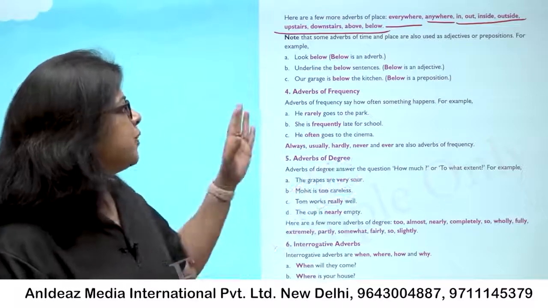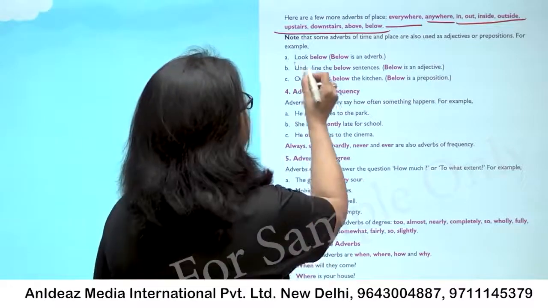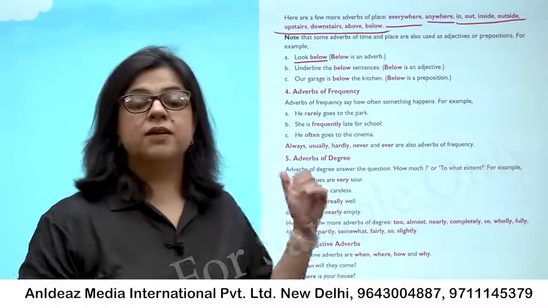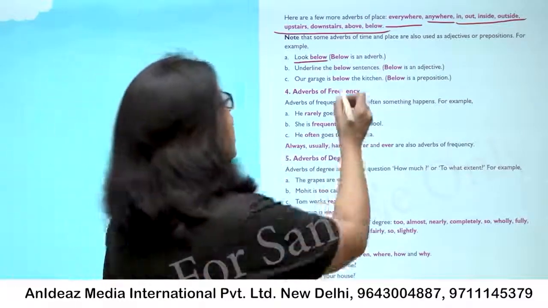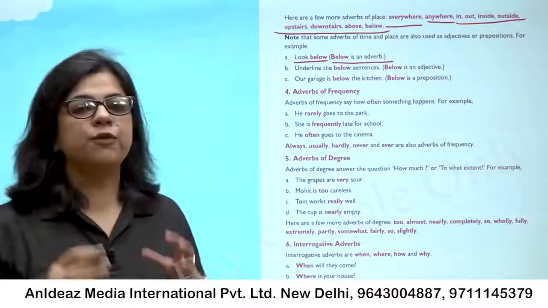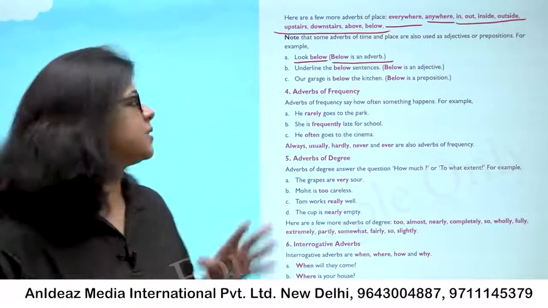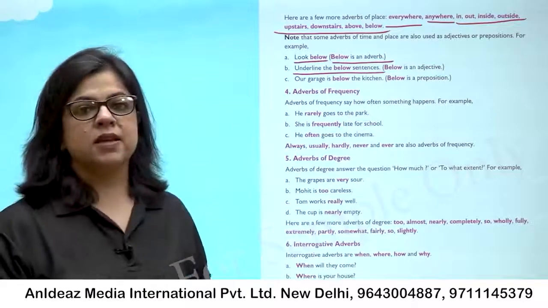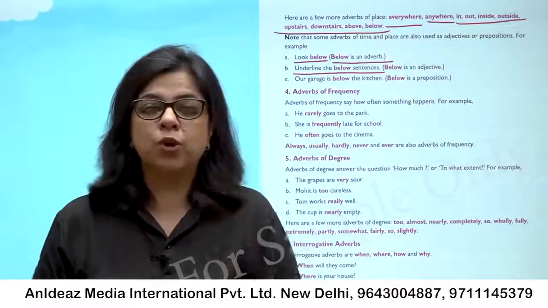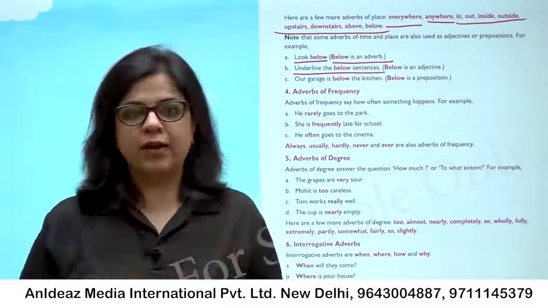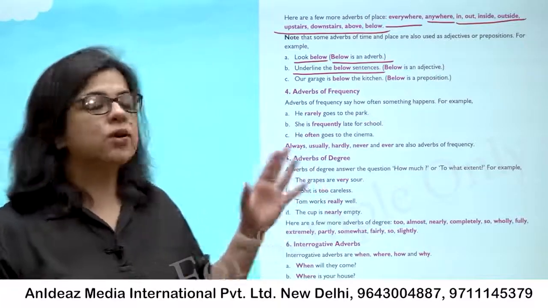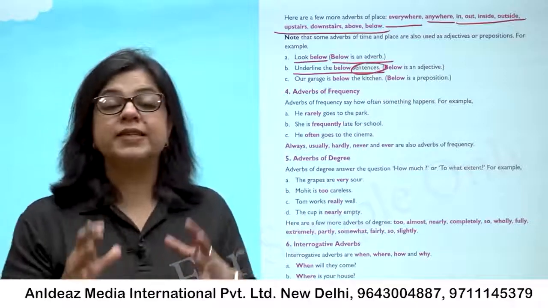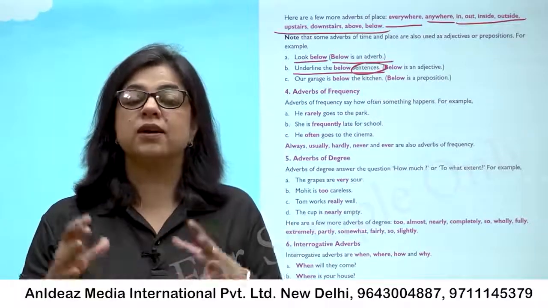Please note that when you say look below, where do you look? Here, below is an adverb. If you use below in a sentence like underline the below sentences, here, the word below is not an adverb. Why? Because it is modifying the meaning of the word sentences, which is a noun.